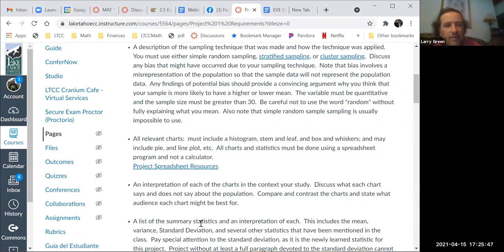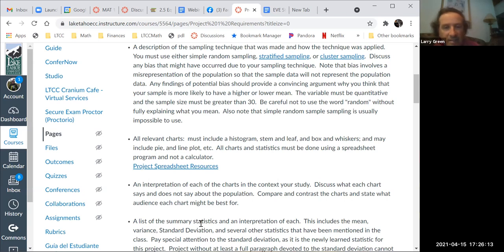Once you have decided on your survey question, who your client is, what the population is, and what your sampling technique is going to be, then you go and conduct the study. It shouldn't take that long. If it does, then your project's probably too hard, and you should try something easier.